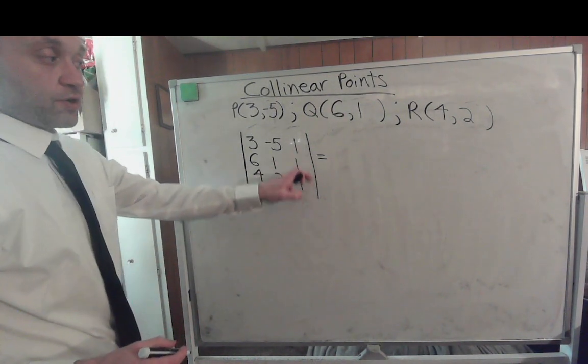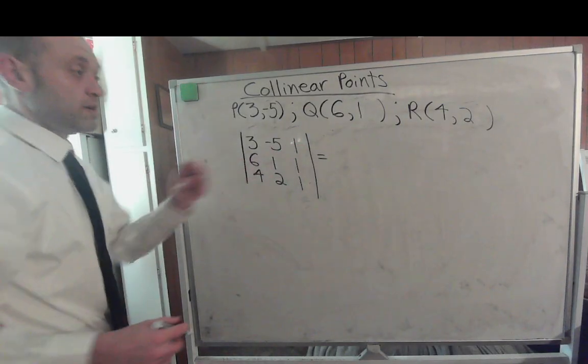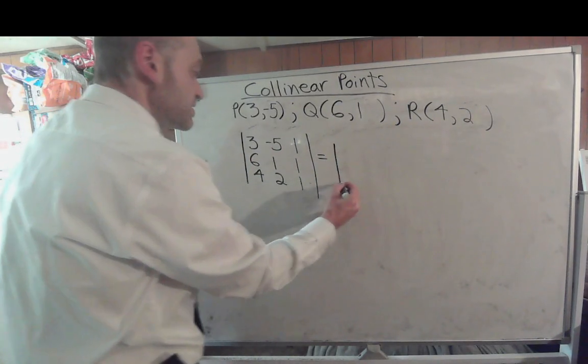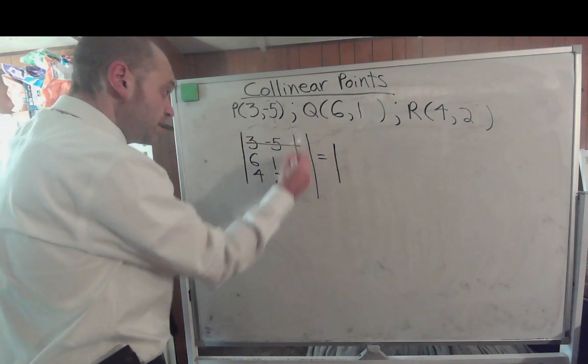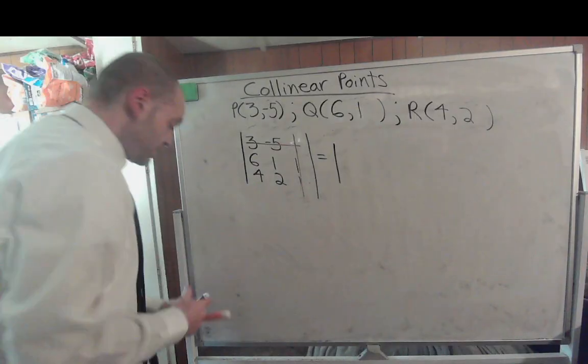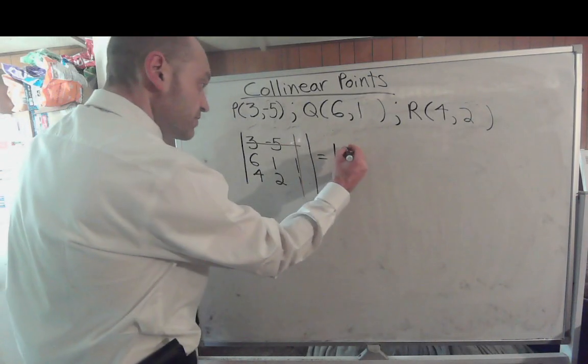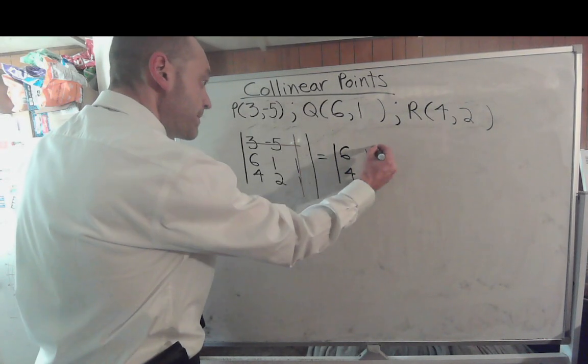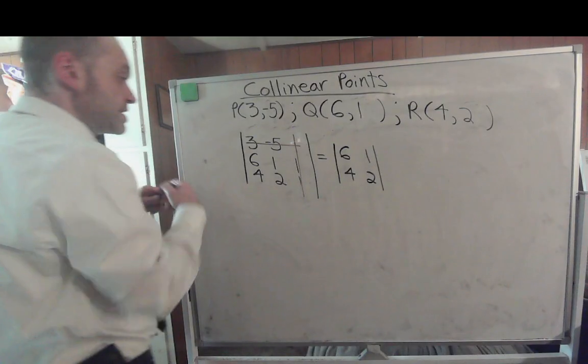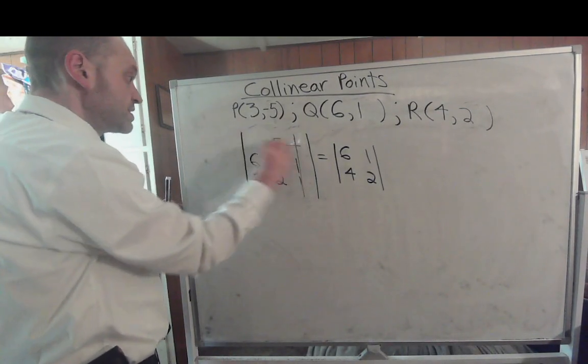Let's go down the third column again. So the first one will be positive 1 of the resulting determinant when we strike out that row and column in which it occurs. That would be the determinant of 6, 1, 4, 2. All right, let's set up two more determinants here.